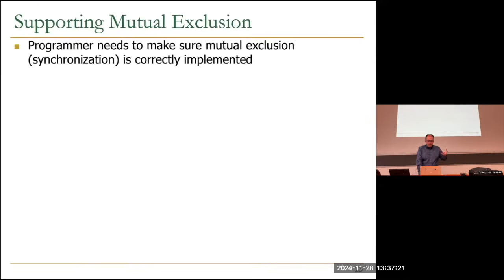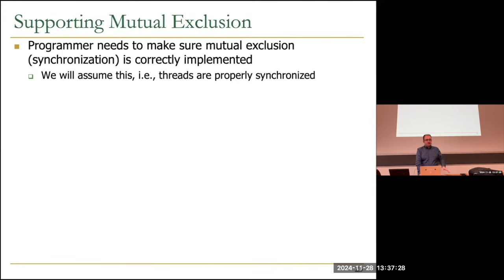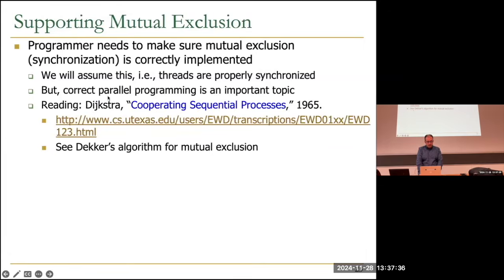So the programmer needs to make sure that mutual exclusion is correctly implemented. We will assume this, even though it's not really easy, and there is a lot of work going on there. Correct parallel programming is an important topic, and you can check Dijkstra's work, which is one of the basics of this topic.